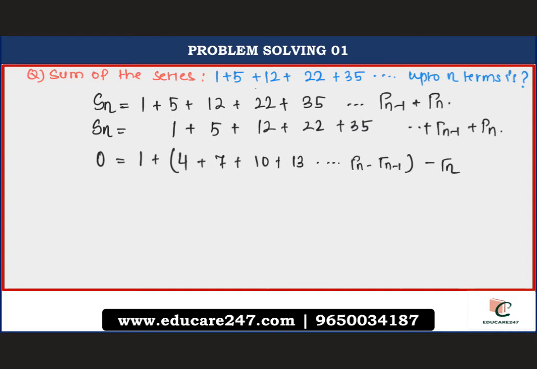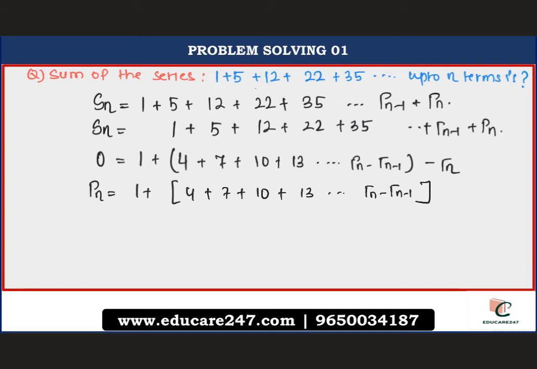So we'll bring this tn on the left hand side. So tn is equal to 1 plus this AP that has been formed over here. What AP? 4 plus 7 plus 10 plus 13 up till tn minus 1. So this is an AP with n minus 1 terms with a common difference of 3.